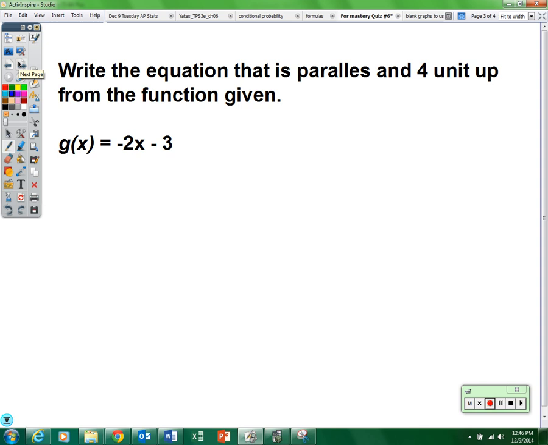Write the equation that is parallel and 4 units up from the function given. Well, parallel, remember, means we have the same slope. So that means we're going to keep the -2.